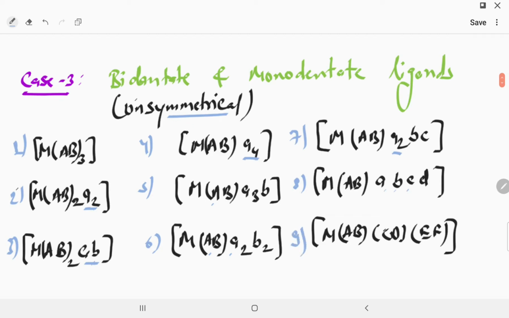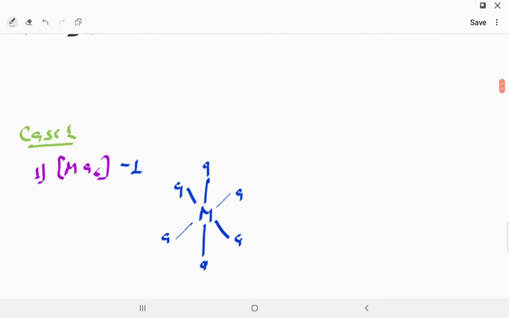Now in the 9th case all are unsymmetrical bidentate ligands, AB, CD, EF. This AB, CD, EF we can say is an unsymmetrical bidentate ligand. Okay, now we take it one by one, each case.